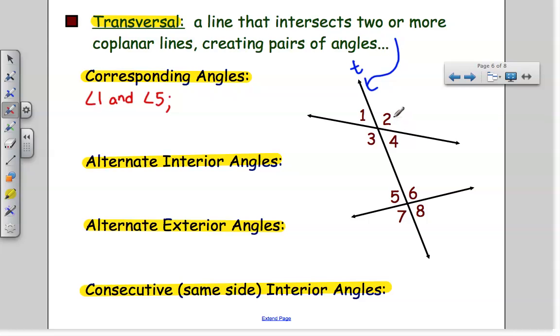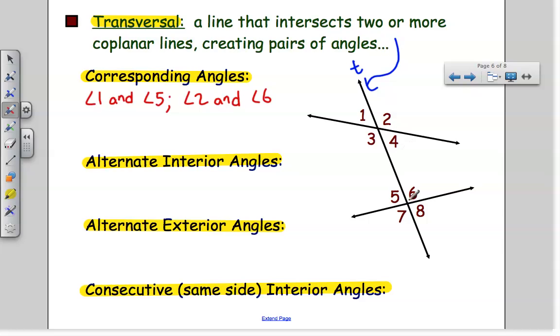To make angle 2, you would put your left hand up and put your left thumb here and your fingers out this way. You slide your hand down the transversal and suddenly you're going to make angle 6. Your thumb is going to be there, your fingers here. So angle 2 and angle 6 are corresponding because you'd make them the same way.